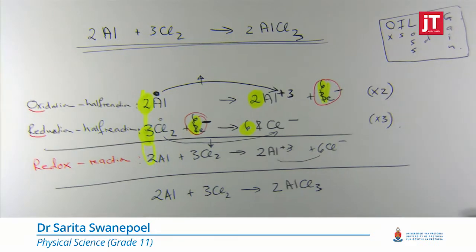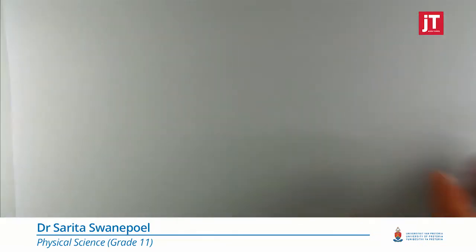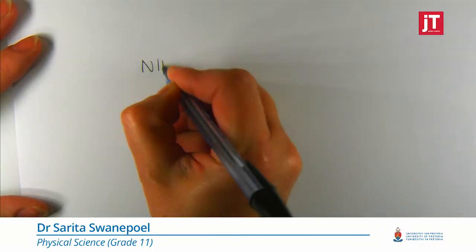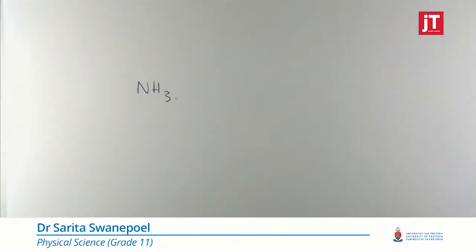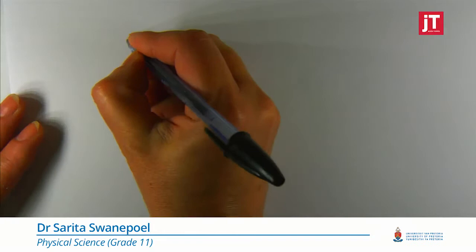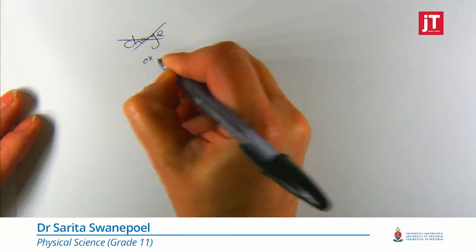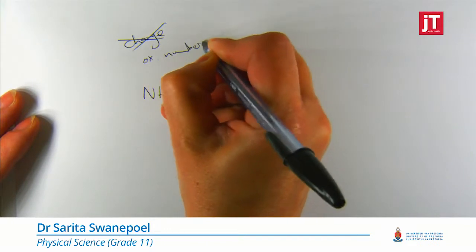But now we have a problem. What happens when you have something like, say, for instance, NH3, that is a covalent bond because it's non-metal and non-metal. So there's no charges. So what are we going to do? Now, we just changed the word. Instead of charge, we are now going to work with oxidation numbers.